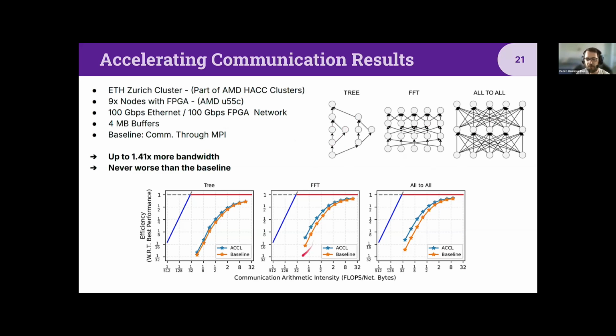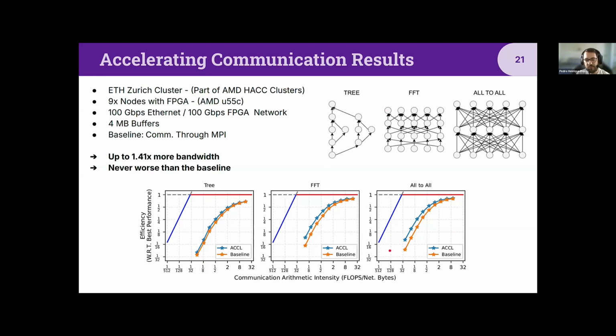So we can go from more communication bounded to more computation bounded on the x-axis here, and in these roofline models we have on the y-axis the efficiency with respect to the best performance, which means we take the best performance we could get, which is doing no communication, and we compare against that, using FFT, a stencil, and trees related to that one.